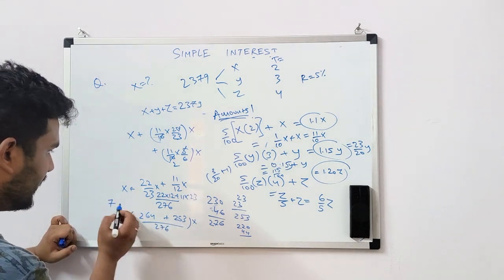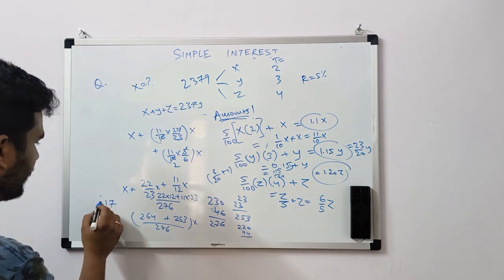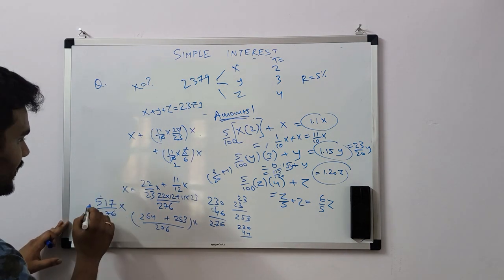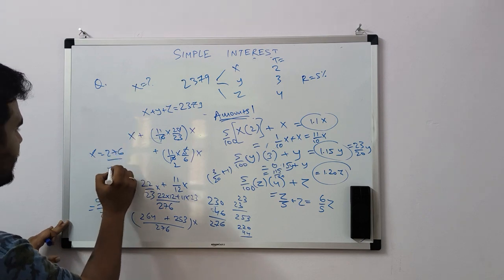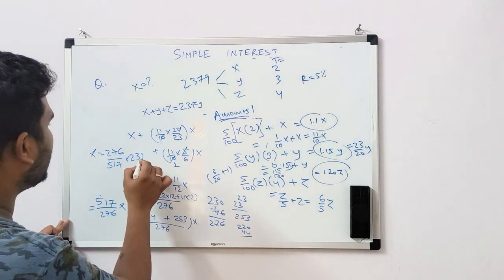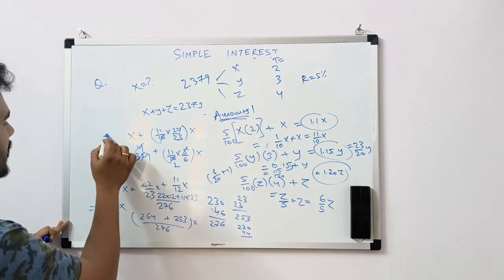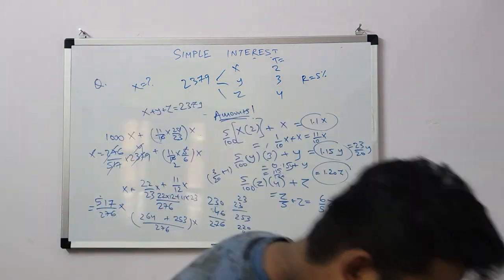So 5 and 5, 10 and 11, 2 and 2, 4 and 5, 276. So into x is equal to this. So basically, x is what? 276 upon 517 into 2379. This is almost 4. This is almost 1000. So somewhere around 1000, but it is complicated. Leave it.